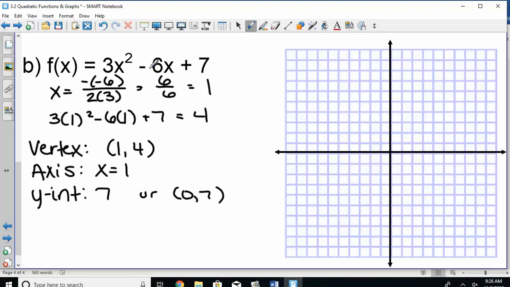So now if we draw a graph, my vertex is at 1, 4, axis, vertical line going through that. Y-intercept is at 7.